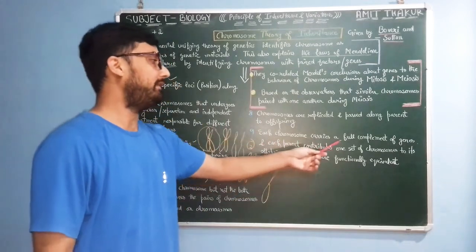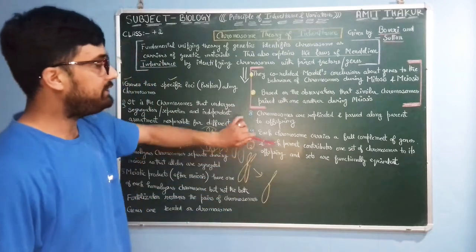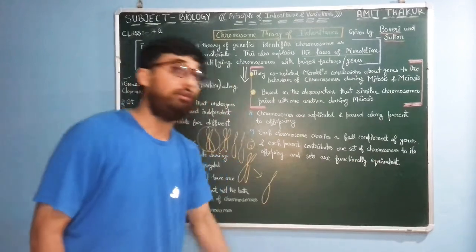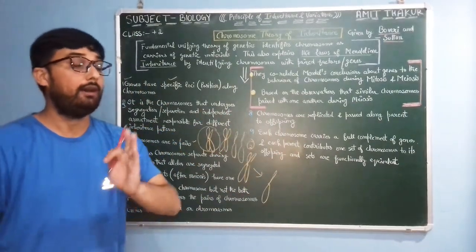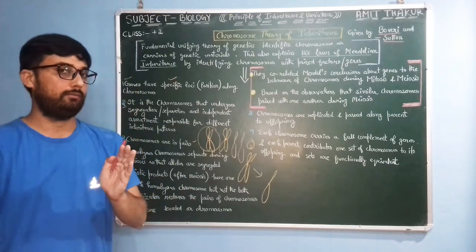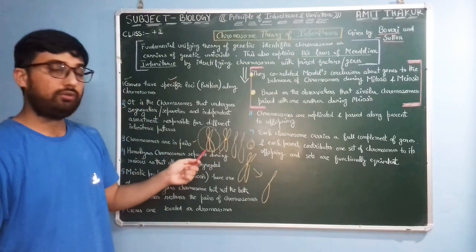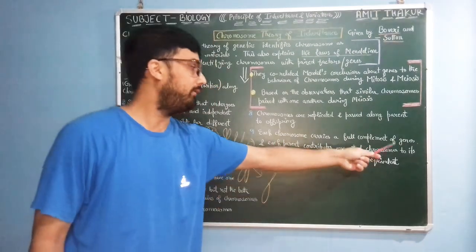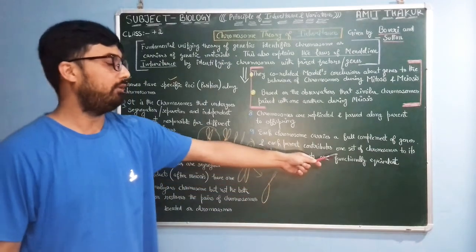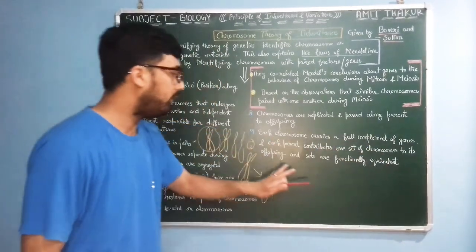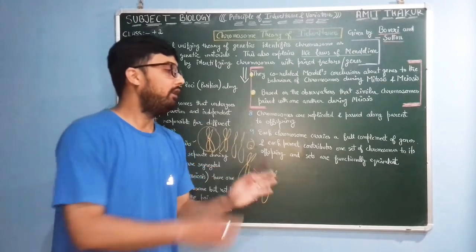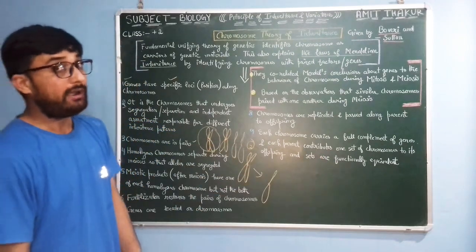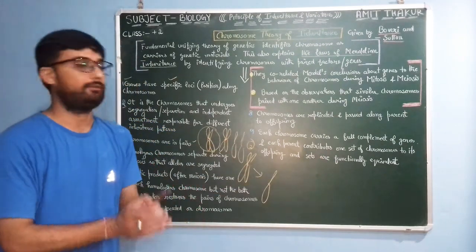Each parent contributes one set of chromosomes: 46 to 23 means half the number, only one chromosome of each pair goes ahead. Each parent contributes one set of chromosomes to its offspring, and these chromosomal sets are functionally equivalent. That is why these sets are known as homologous sets.